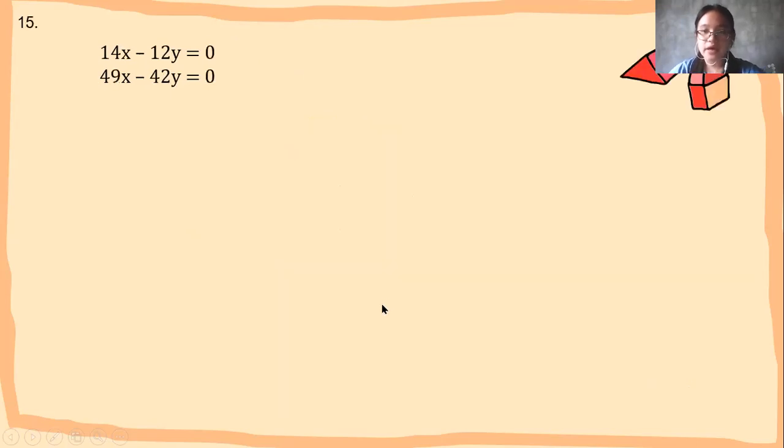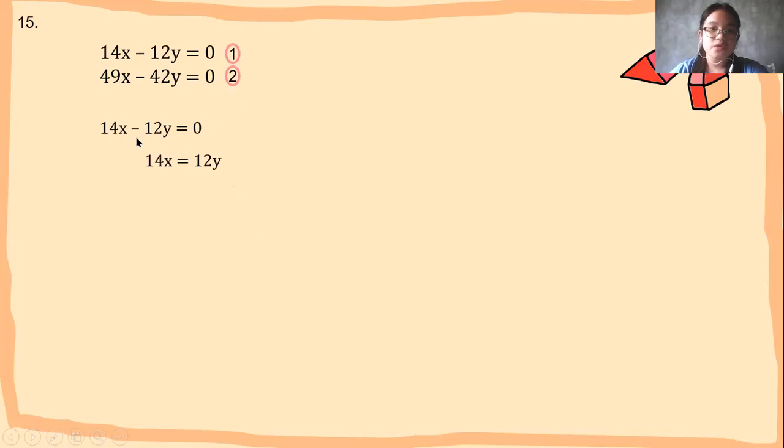So next we have other equations here. 14x minus 12y is equal to 0 and 49x minus 42y is equal to 0. This will be our equation number 1 and equation number 2. Let's find the initial value. We have 14x minus 12y is equal to 0.